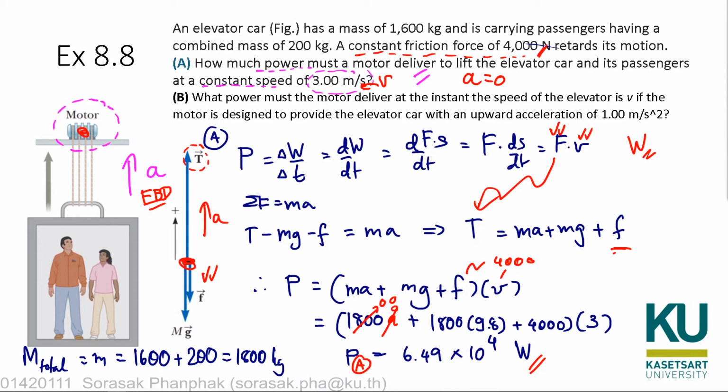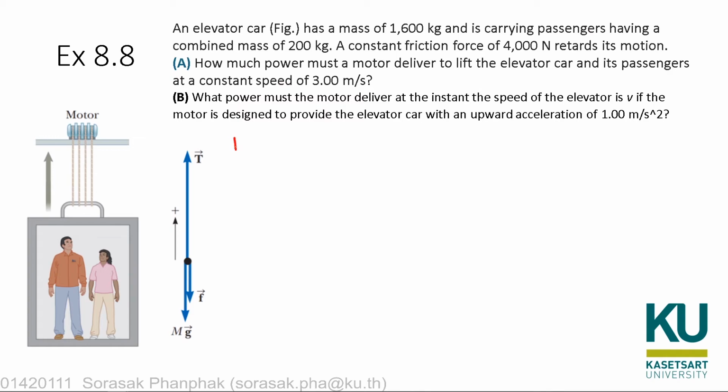However, in case B, there's a difference. Now case B is moving with some acceleration that I already stated. With Newton's second law, rather than the first law as in problem A, you have sigma F equals ma, and we already derived this, so we re-derive it again.